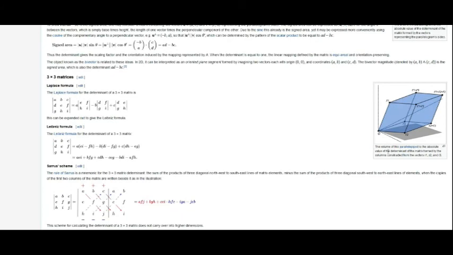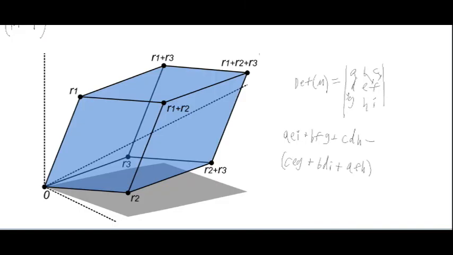And the same thing if we're in 3 dimensions, the volume of this parallelepiped is the absolute value of the determinant of the matrix formed by the columns constructed from the vectors R1, R2, R3.